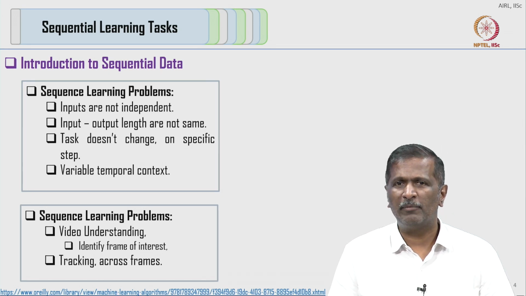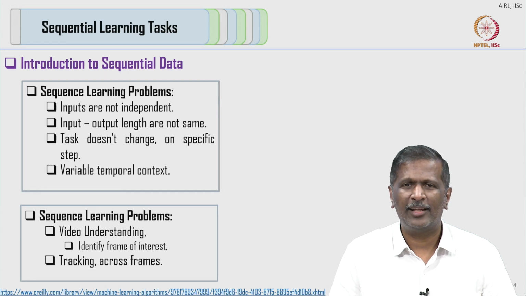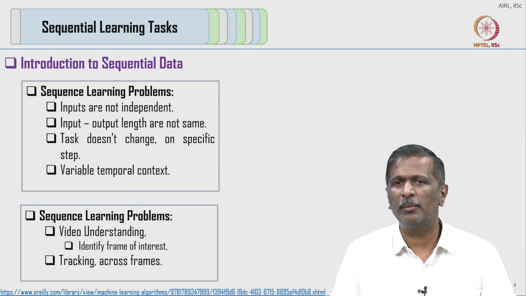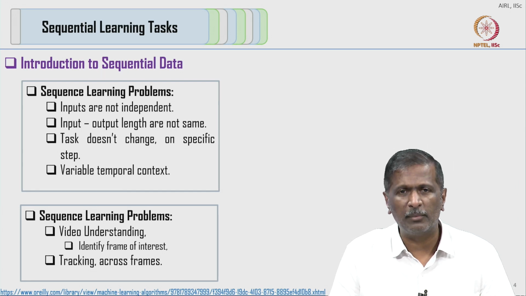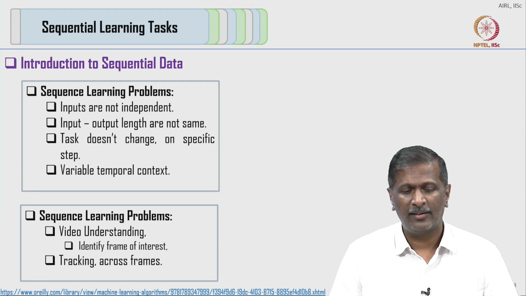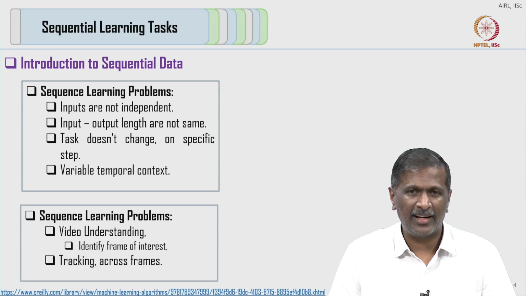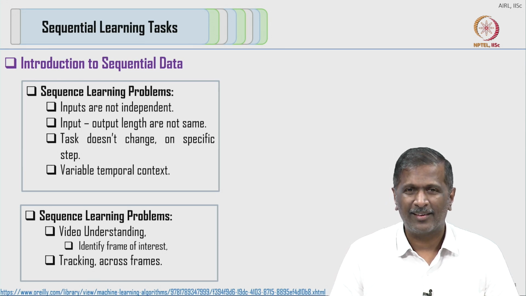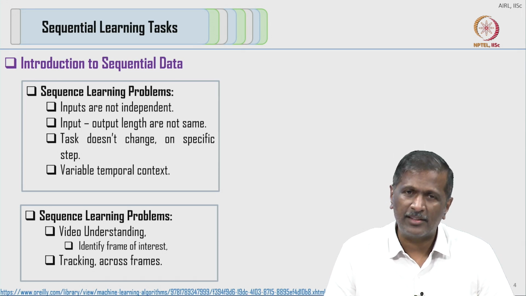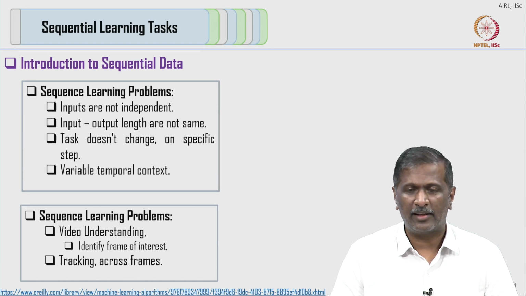So some pilot may finish the mission in 30 minutes, somebody may take 20 minutes, somebody may take 40 minutes. So the data length is not going to be the same. But remember, the task is not changing, right. The mission is the same, okay. The sampling rates are the same. Remember that, okay.